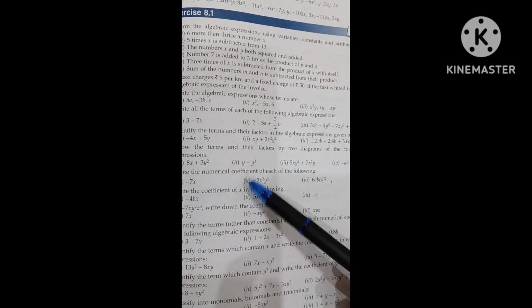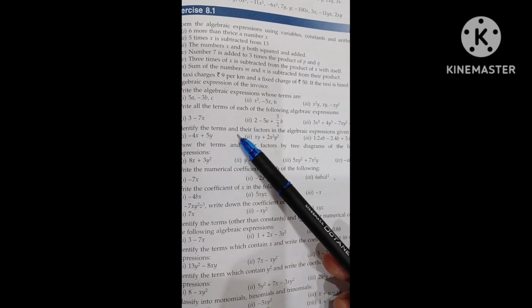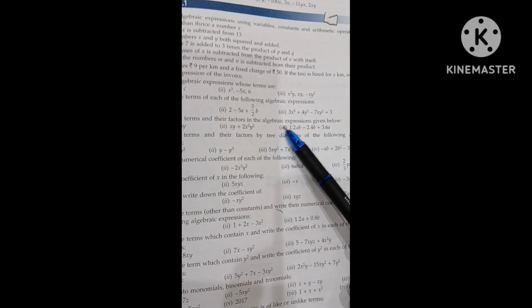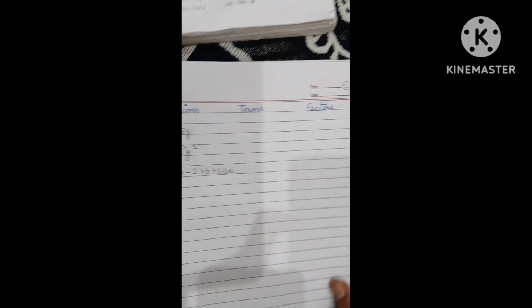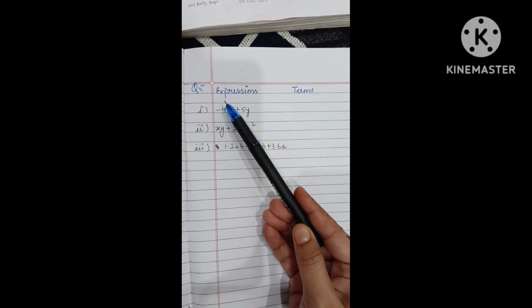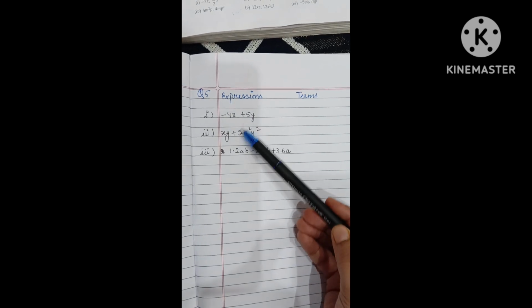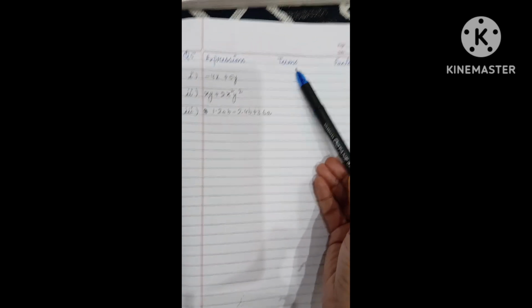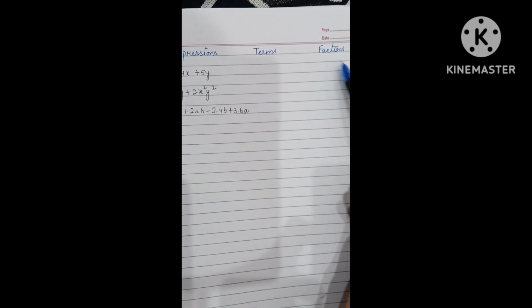Now in question number 5, identify the terms and their factors in the algebraic expressions given below. These are the 3 parts of this question. So I have made a table like this, expressions, and I have written the given expression. Now we will write the terms and the factors.